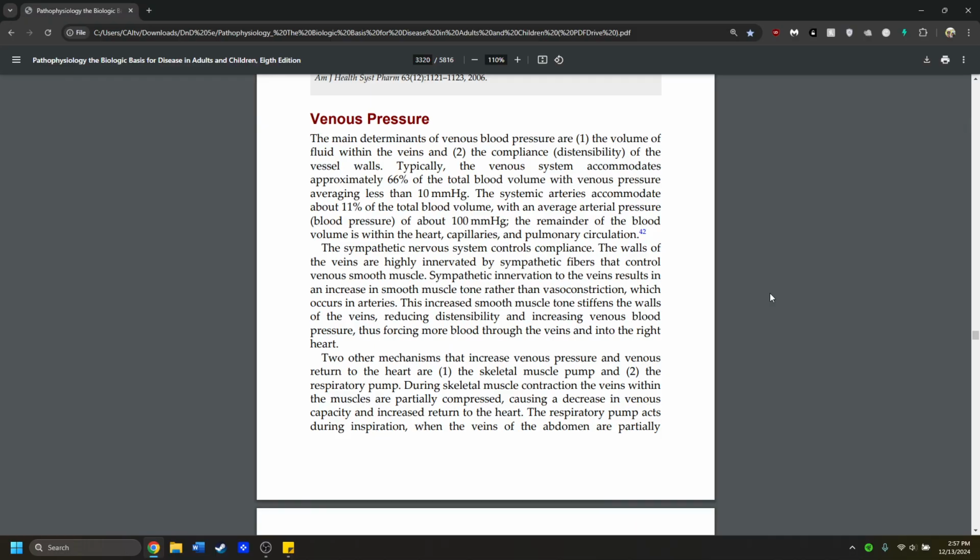Sympathetic innervation to the veins results in an increase in smooth muscle tone rather than vasoconstriction, which occurs in arteries. This increased smooth muscle tone stiffens the walls of the veins, reducing distensibility and increasing venous blood pressure, thus forcing more blood through the veins and into the right heart.